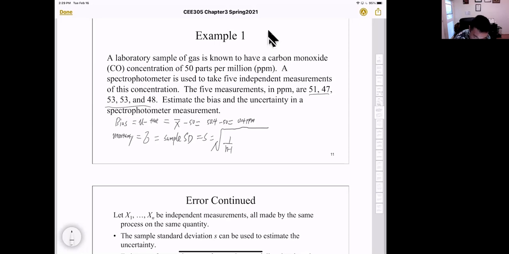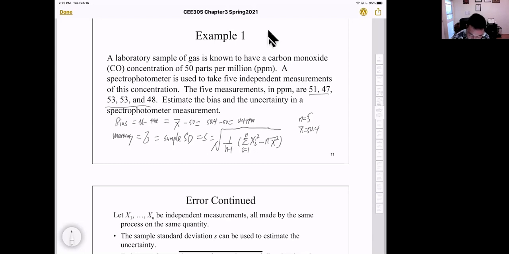divided by n minus 1, so the square root of the sum of xi squared minus n times the mean value of the measurement squared. Okay, so n is 5, the mean value is 50.4.